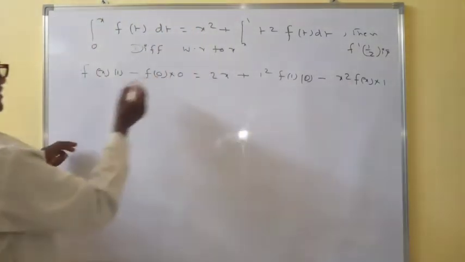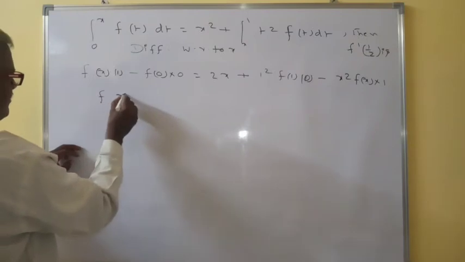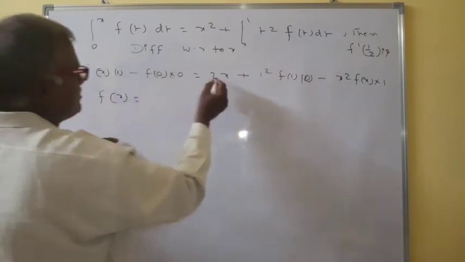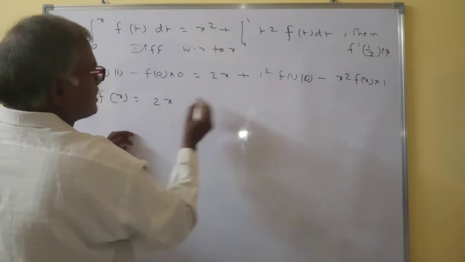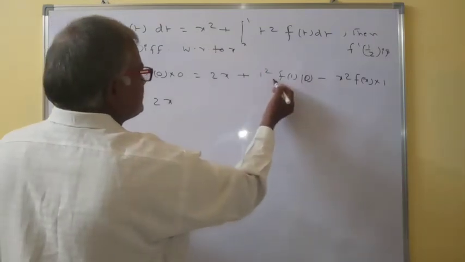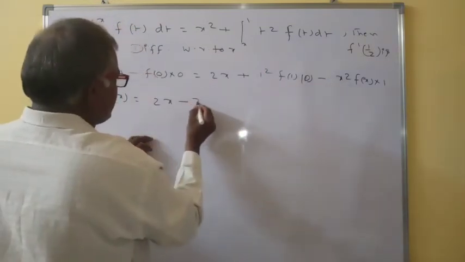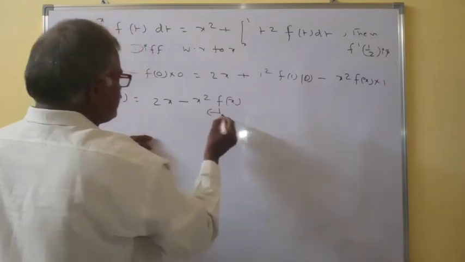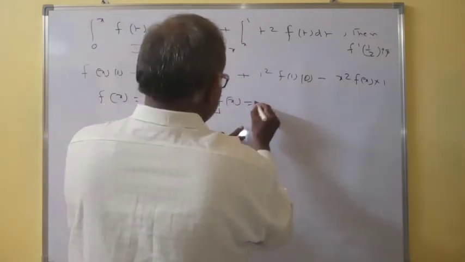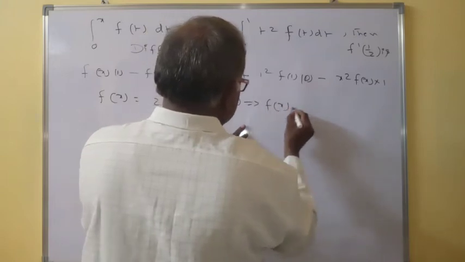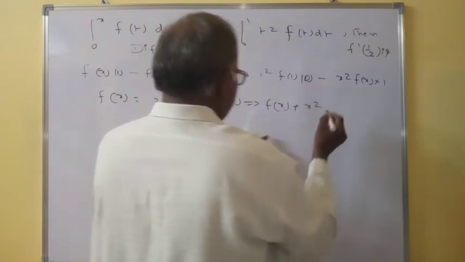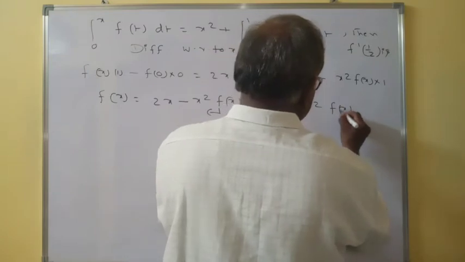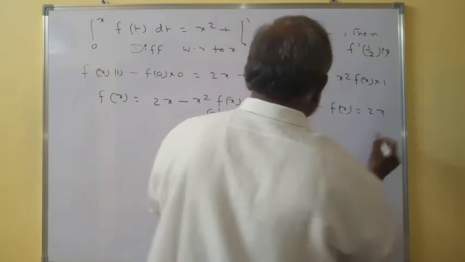Simple. So finally f of x is equal to 0 and something 0, which is nothing but 0, so only 2x minus x square f of x. Transpose to the left side. What we will get? F of x plus x square f of x is equal to 2x.